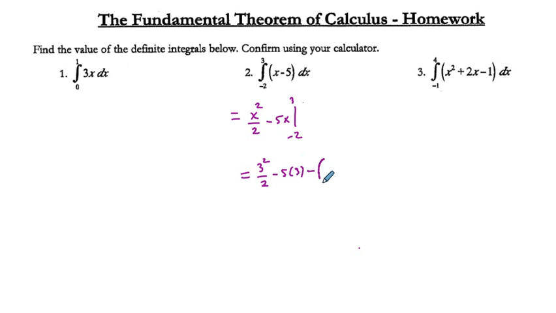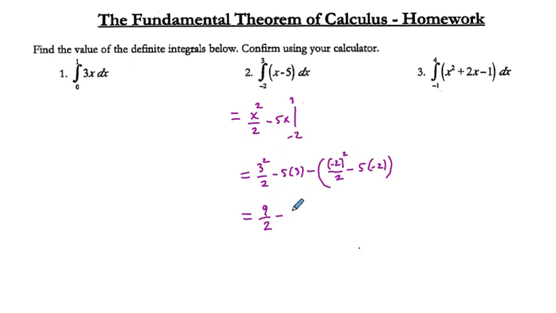Now in this lower boundary I'm going to put a big parentheses to make sure we're taking care of everything. So we're going to take in -2 in the place of x, square it, divide by 2, minus 5 times -2. And now it's just a matter of simplification. So 3 squared over 2 is going to be 9 over 2.